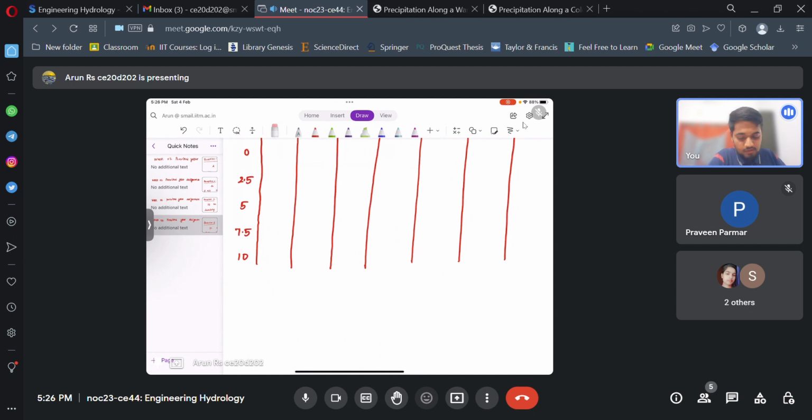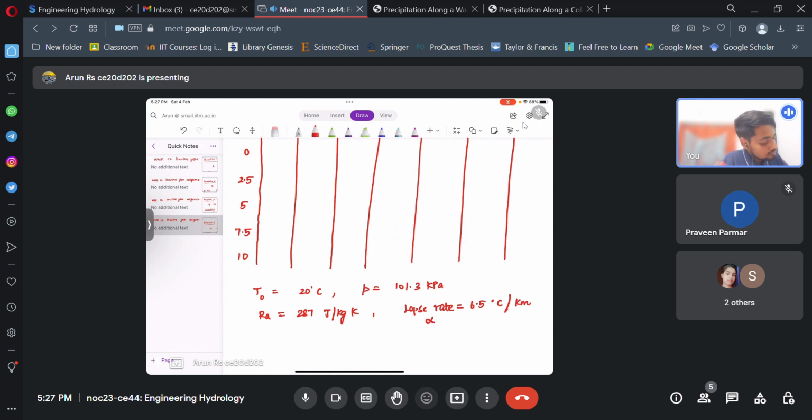Now let me write down the ground conditions. Temperature is given as 20 degrees centigrade, pressure is given as 101.3 kilopascals, RA is given as 287 joule per kg Kelvin, and your lapse rate is given as 6.5 degrees centigrade drop in temperature per kilometer rise.